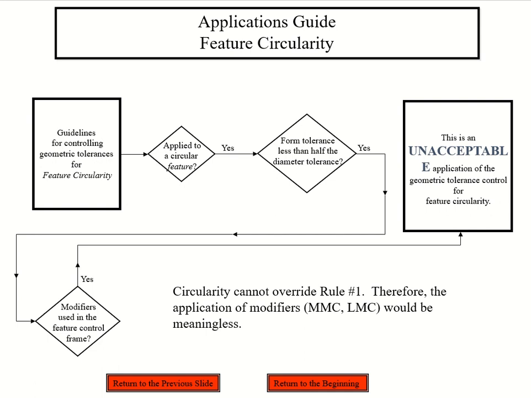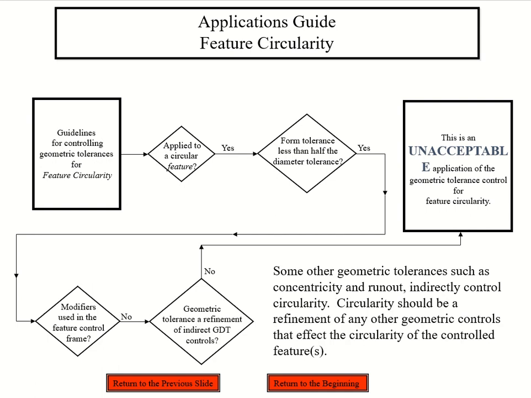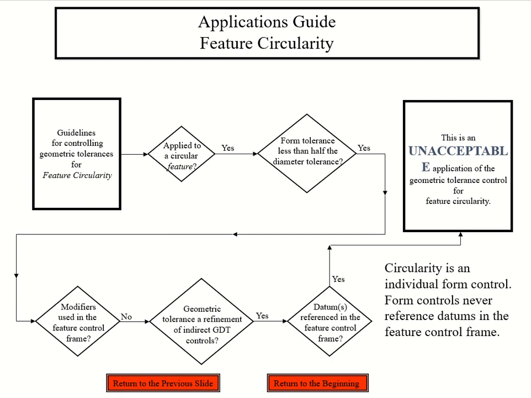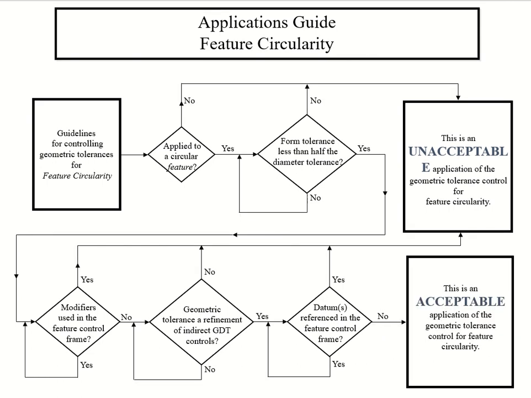Yes, that is unacceptable because we don't use them. Then we look at indirect geometric controls over the circularity, and if that's no, unacceptable. We look at the datum, and if you have a datum, it is unacceptable because circularity is an individual form control. Form controls don't have reference datums in the feature control frame at all. All right, so that's your big picture for unacceptable or acceptable.